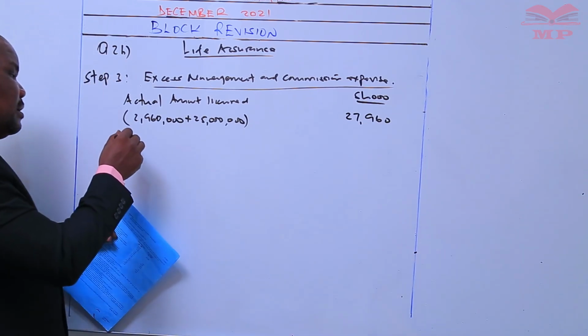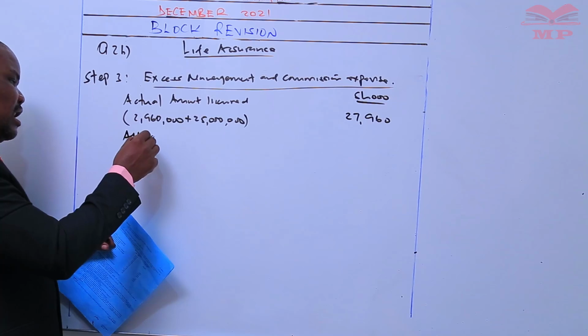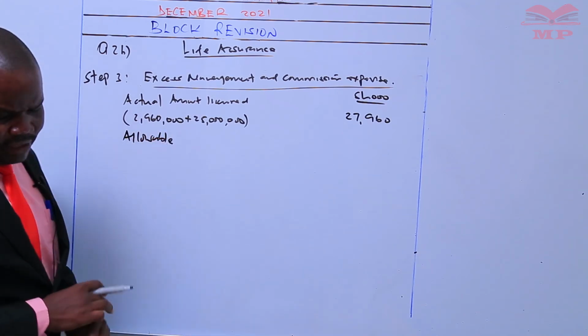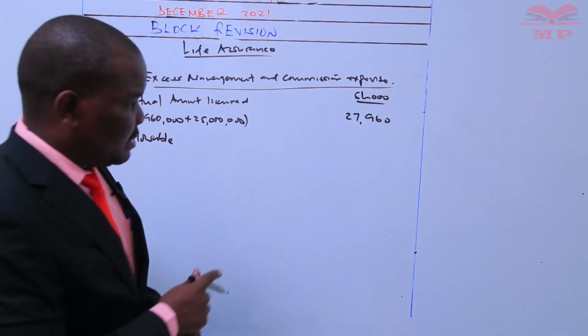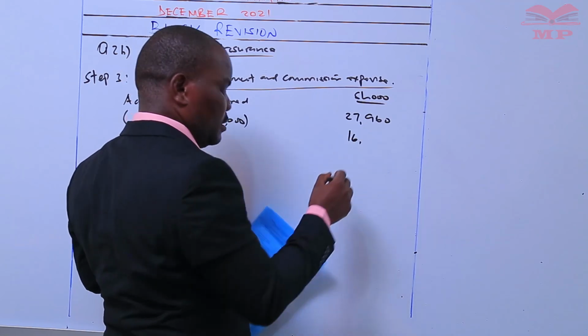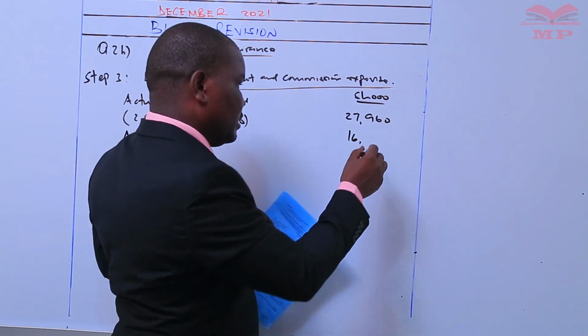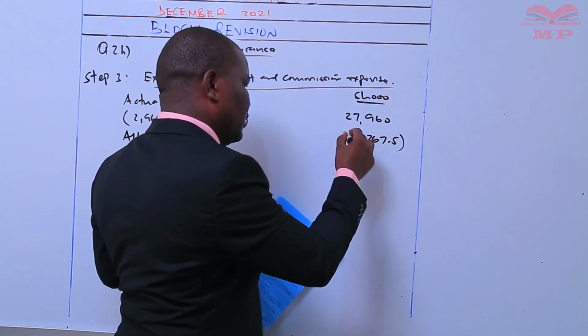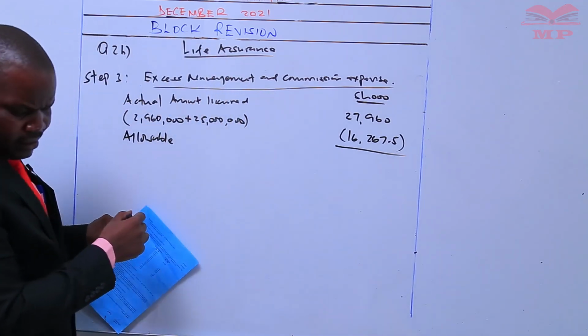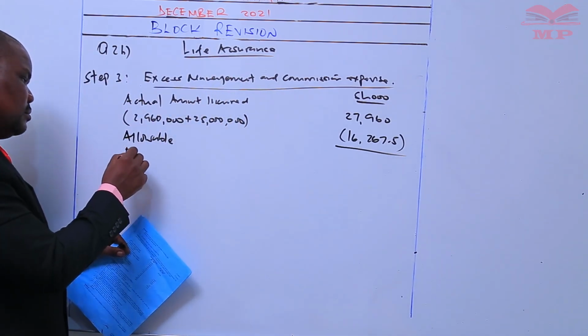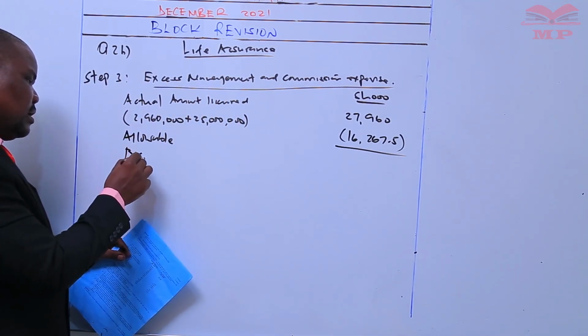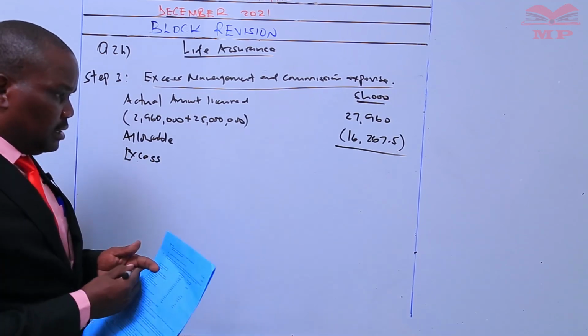Then we say allowable. We compare it with the allowable. Allowable is what we have computed in step 2, and we got it to be 267.5. So the difference is what we call excess management and commission expense.